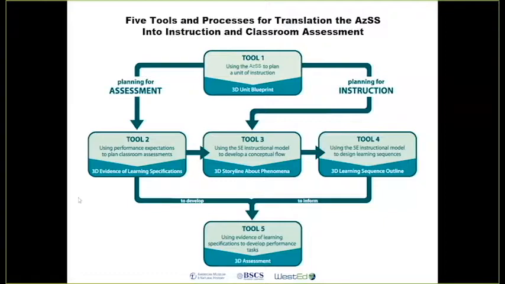Tool 2, we're going to create evidence of learning specifications. Tool 3 is where we're going to create a storyline and pick our phenomena to help teach our standards. Tool 4, we use that storyline and everything we've done so far to select resources to teach our unit. And in Tool 5, we create our unit assessment.